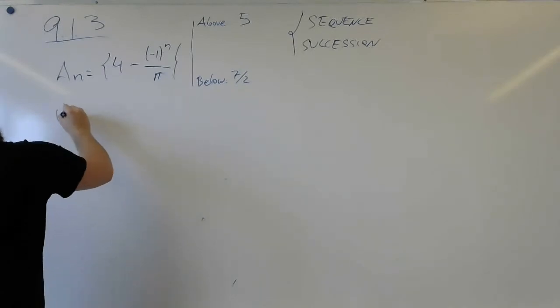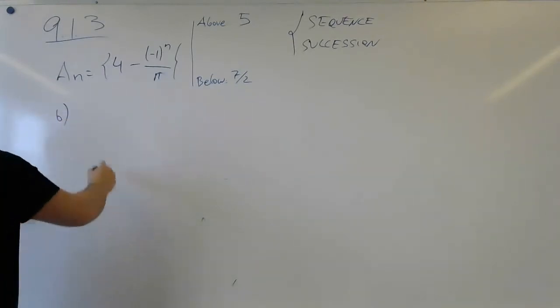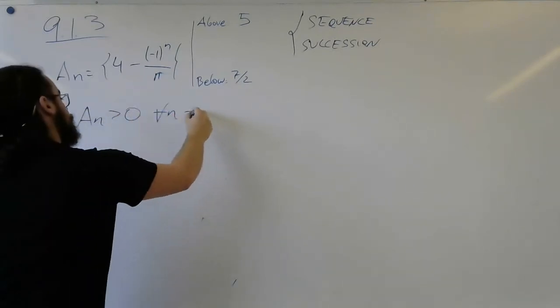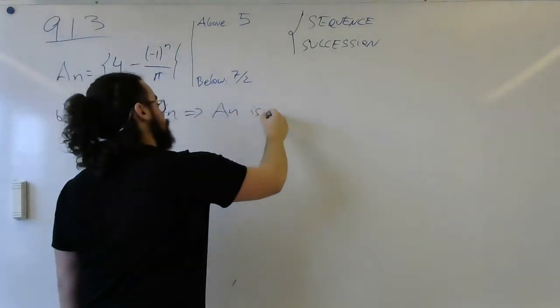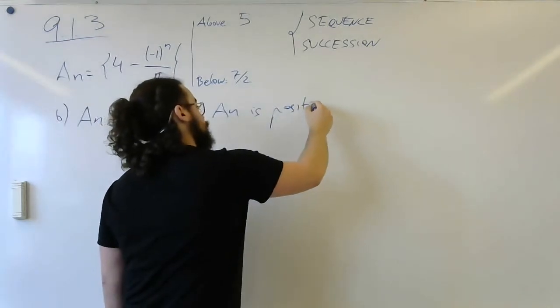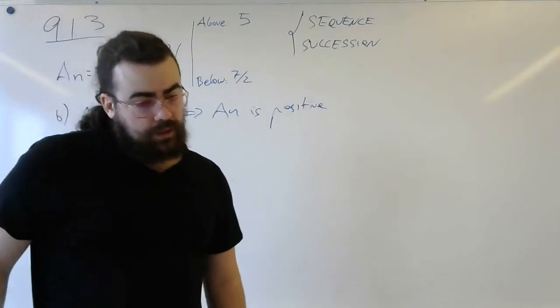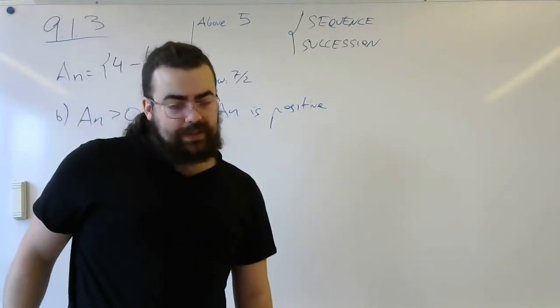B, is it positive or negative? It's positive. When 2k plus 2 have the smaller values, it has the bigger denominator.